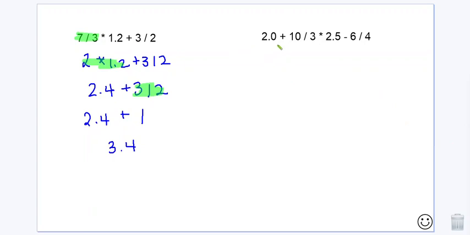Again, it's very much dependent on what's happening in that immediate pairing. According to order of operations, I would do this division first. 10 and 3 are both integers, which means I get an integer for that result. And then I can carry the other stuff down. When I do 3 times 2.5, I'm mixing an integer with a double, which means I can get a double right here.